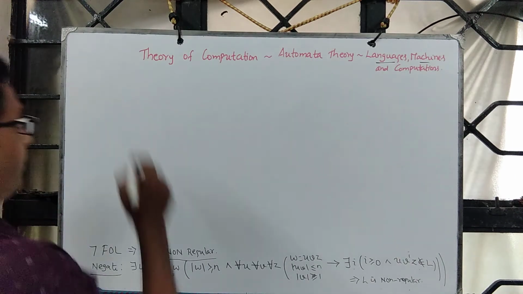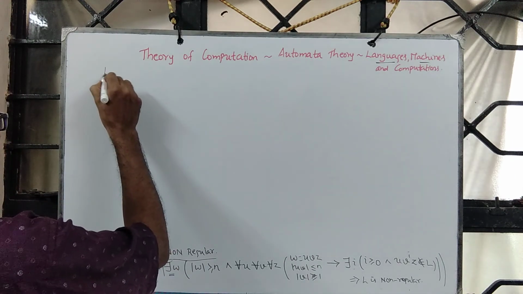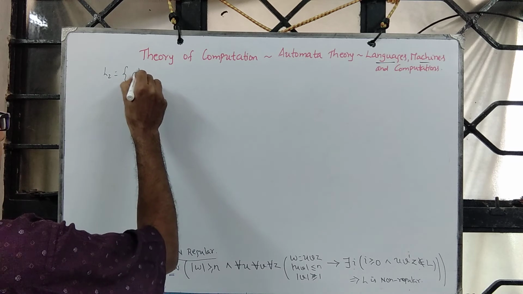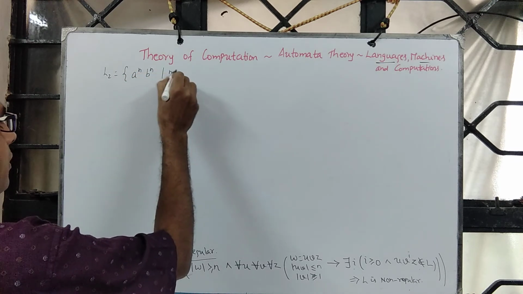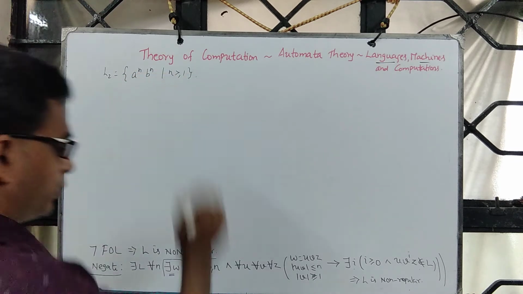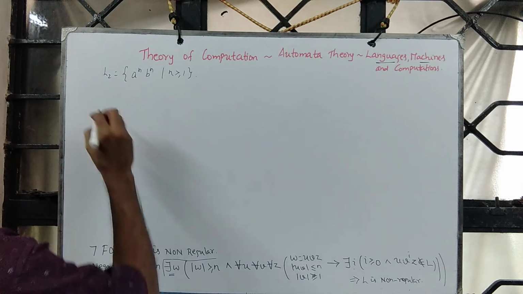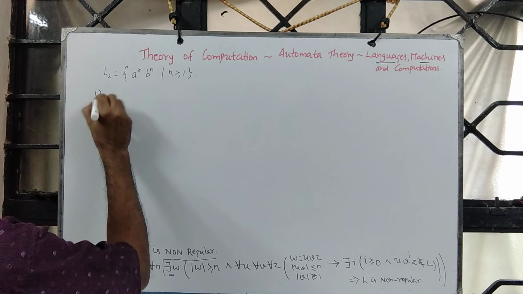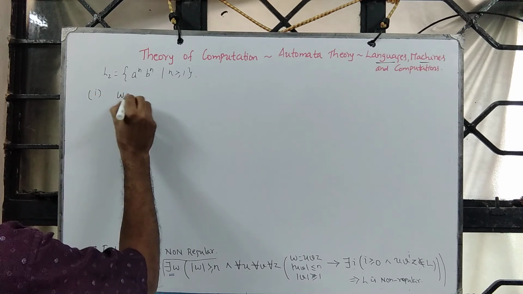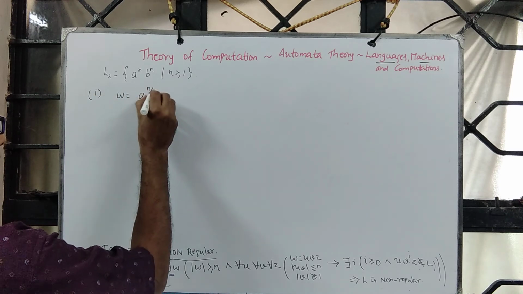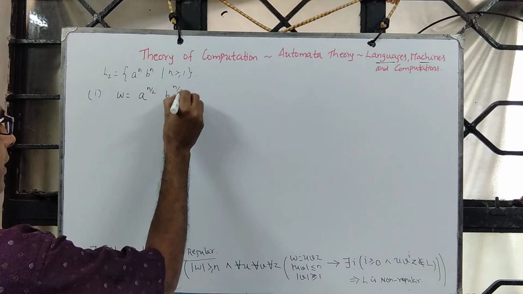So for the same question, a power n, b power n, one can also attempt a proof using some other w. So let me choose w to be a power n by 2, b power n by 2.